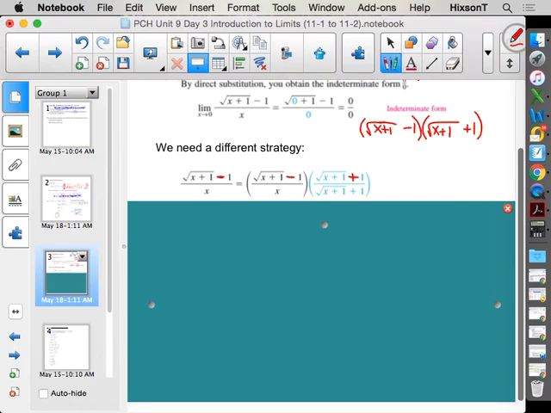So when I FOIL, I have the square root of x plus 1 squared, plus 1 times square root of x plus 1, minus 1 times the square root of x plus 1, minus 1. Okay? And the whole point of doing this is that now this cancels out to 0. And look at what my numerator will end up giving me.